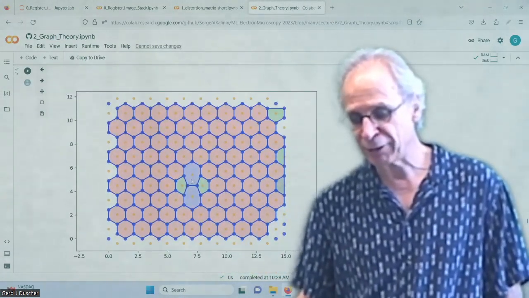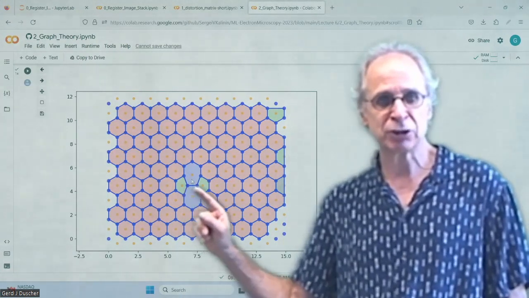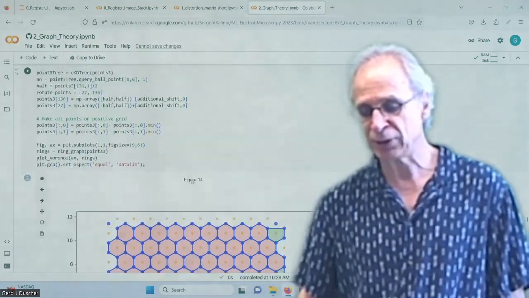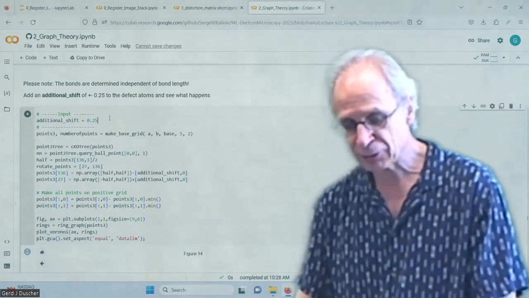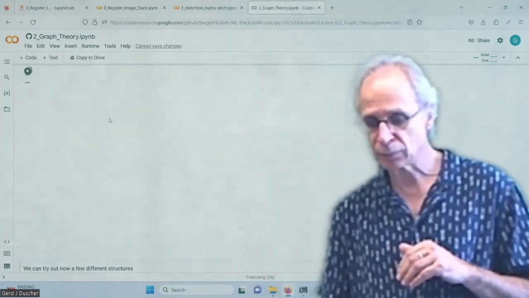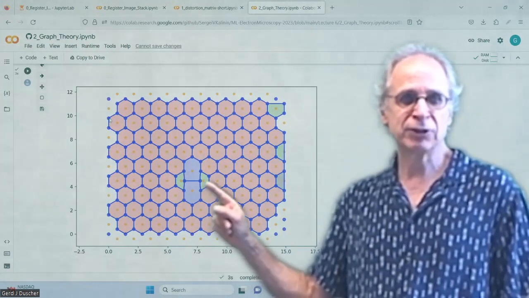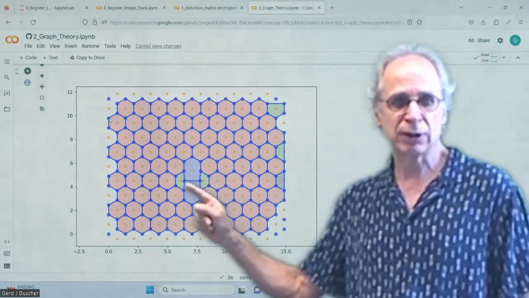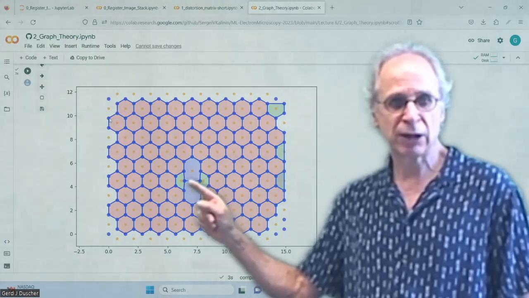And so I can play around with it now. What I'm doing is changing the positioning, the distance between those, and seeing whether it works. So if I extend it up to 0.25, you see how large this bond is, and how short this one is.